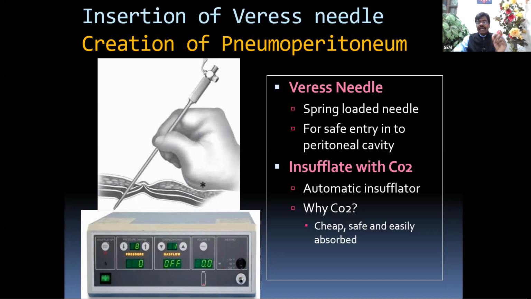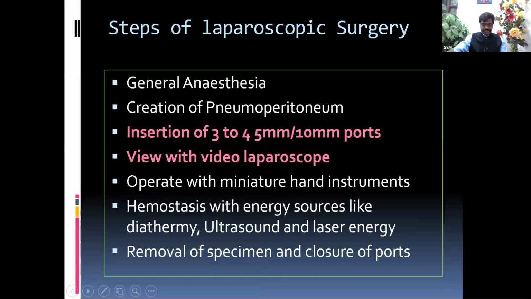That causes some fire. That fire explosion hazard is a problem when we use gases like oxygen. It is not so with carbon dioxide. So don't use nitrous oxide, don't use oxygen, use only carbon dioxide or argon gas. Okay.